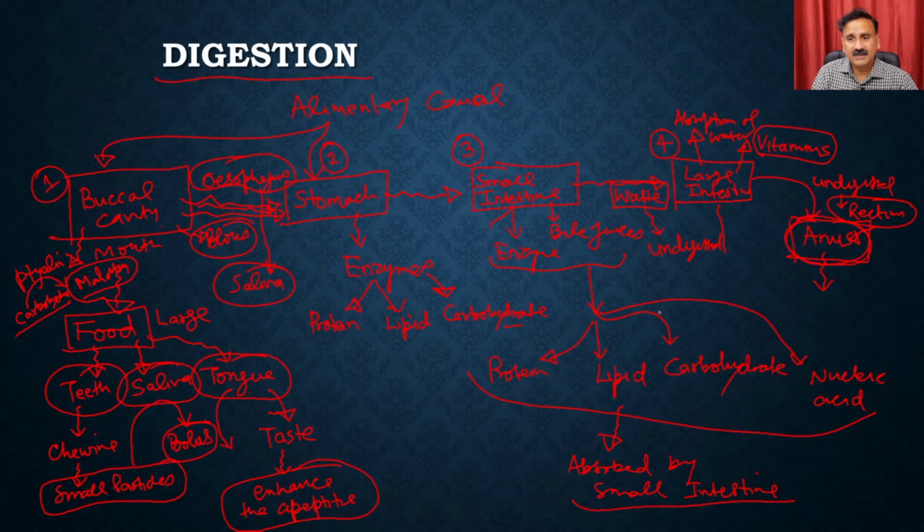Whatever undigested food is left is going to be transferred into the large intestine, and the large intestine is going to suck up all the water as well as some remaining amount of vitamins, and then it's going to have only the undigested waste material, which is not useful for human beings, and that's how it is going to be removed in the form of the feces.